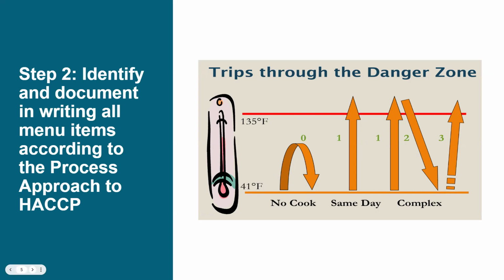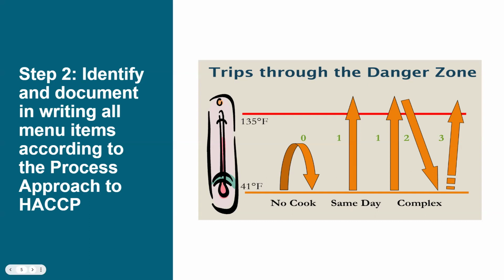This will enable you to place each menu item into the appropriate process. Identify the number of times each menu item goes up, so heating, or comes down, cooling, through the danger zone, and classify items into the following food preparation processes.